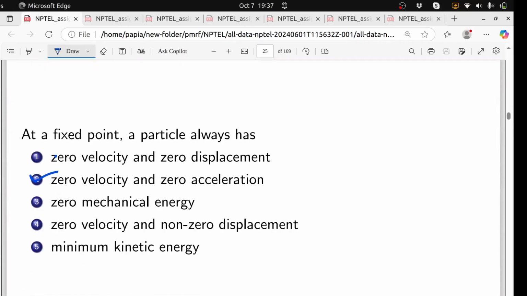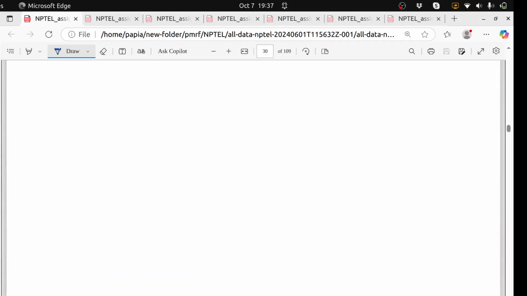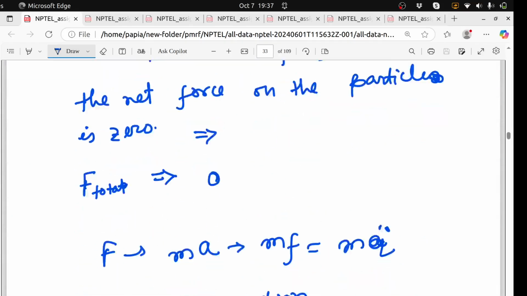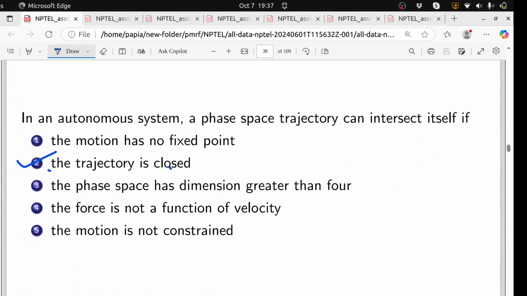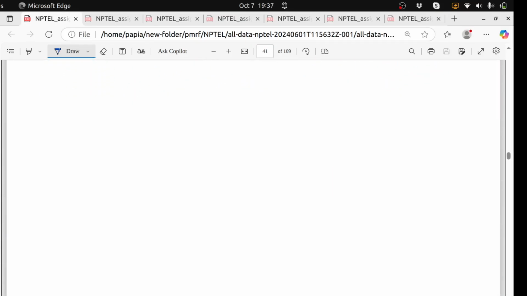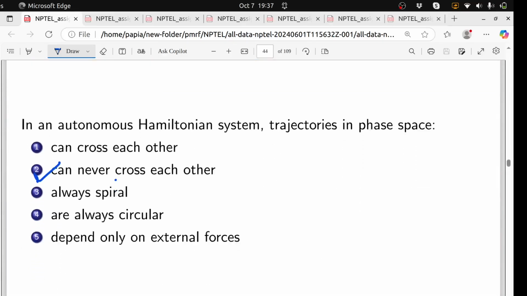Then this is 0 velocity and 0 acceleration. This is 0 acceleration. The trajectory is closed. It has that they can never cross each other.